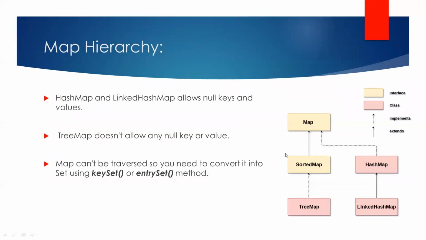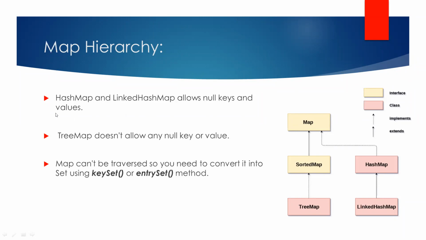This is the map hierarchy. Just look here. These are the classes for which you can create the object, that is HashMap and TreeMap, and these are your interfaces. HashMap and LinkedHashMap allow a null key and values. TreeMap doesn't allow any null key or value. That is the difference.